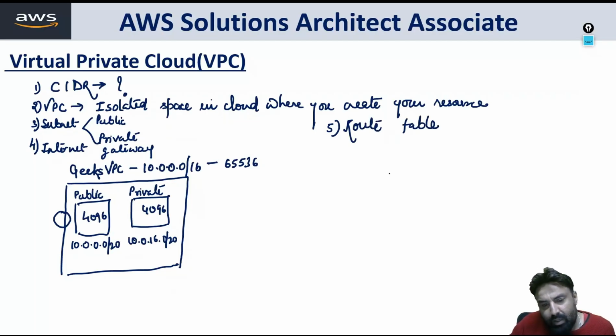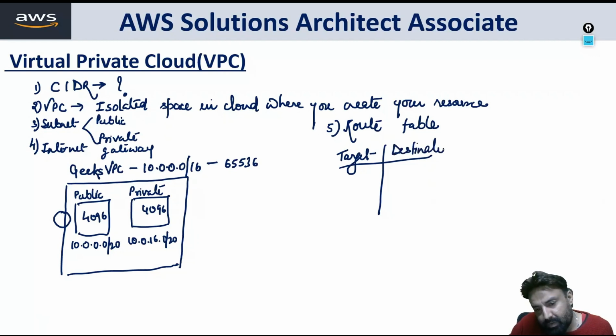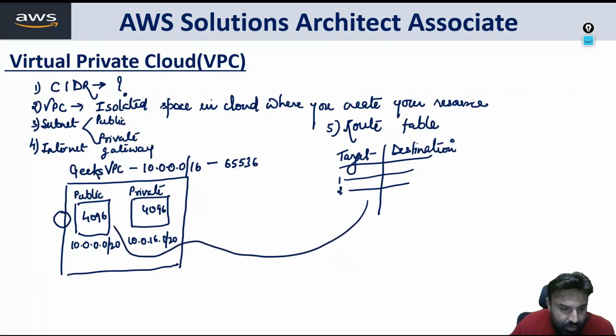I told you a route table has two entries, one called target and one called destination, and you make entries in the route table. Your public route table has two entries, one for local and one via the internet gateway to go out. And when you attach this route table to the subnet, only then does it become a public subnet. So this is the overall discussion on virtual private cloud.